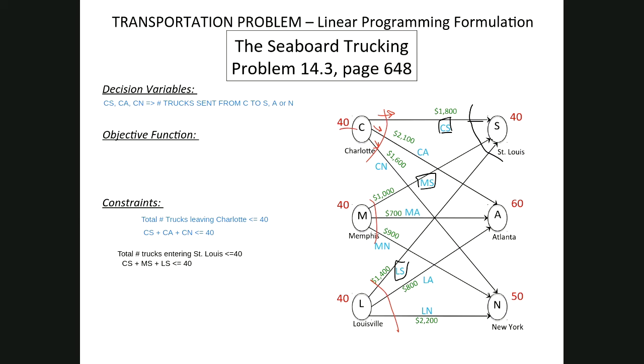And so the trucks that are coming into Atlanta, again, are coming from either Charlotte, Memphis, or Louisville, and then similarly for New York. Now, one of the things I want you to see is there's an econ term that we can use for these constraints.